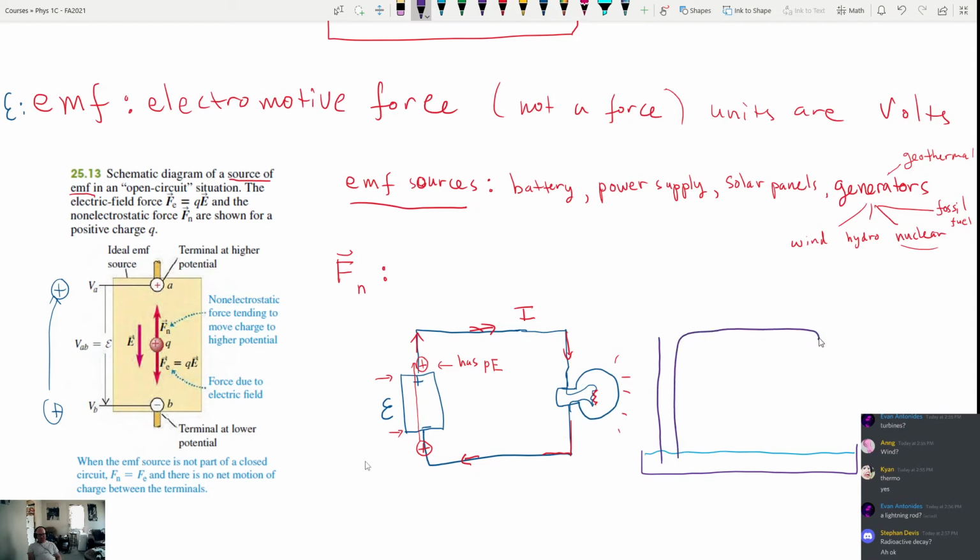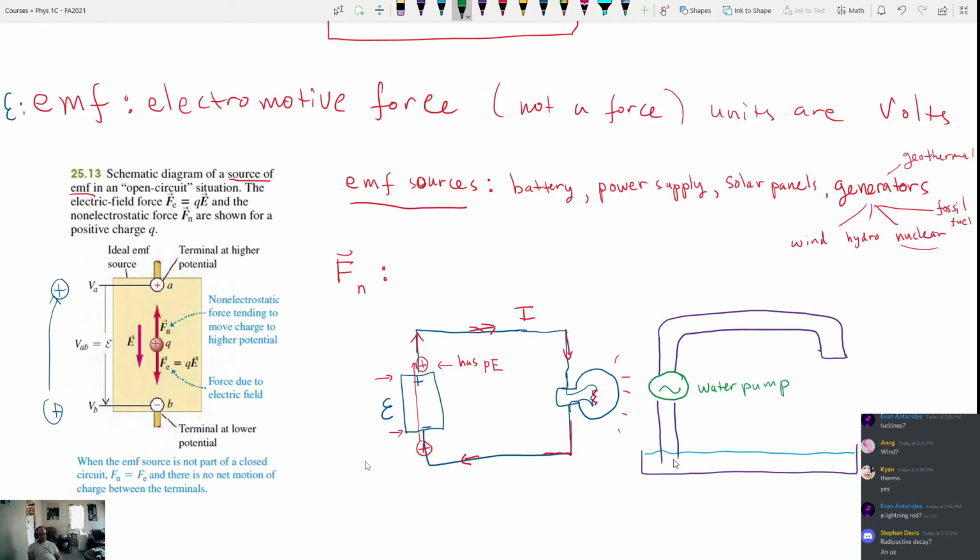This tube continues like this into kind of a faucet right here. Within the tube itself, let's say right here, I have a water pump. I'll just draw it like this. This is my water pump.